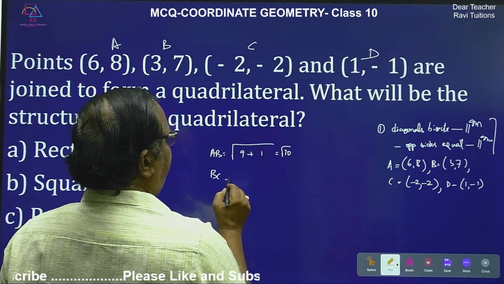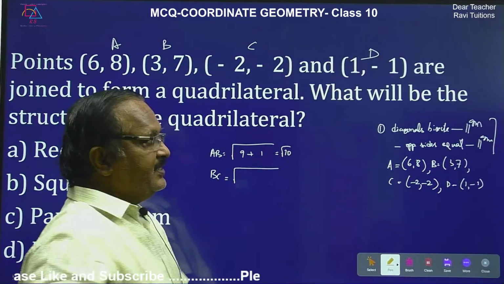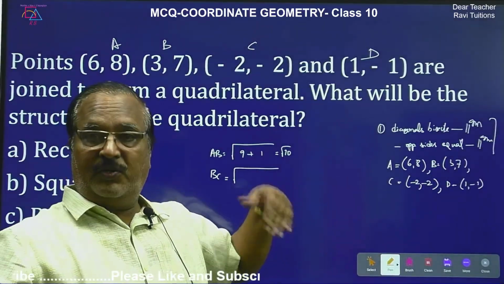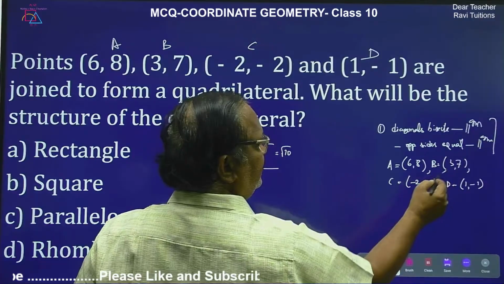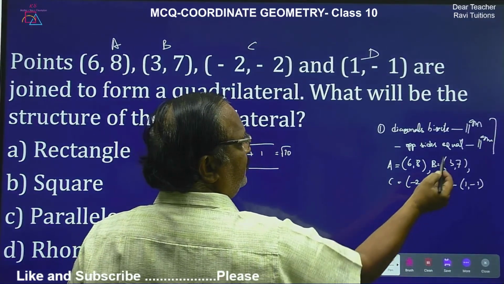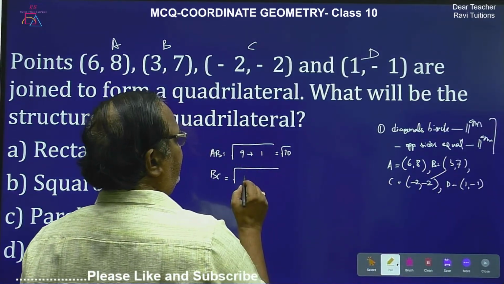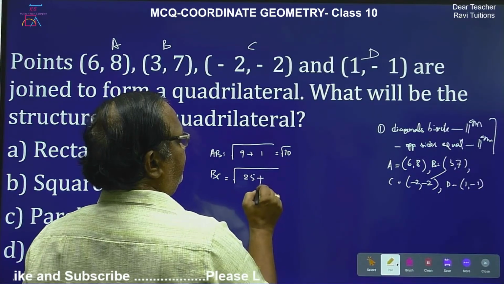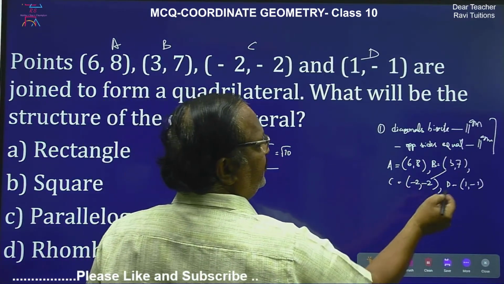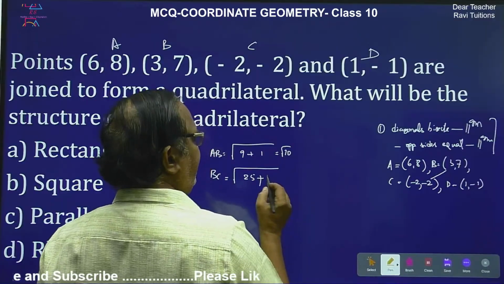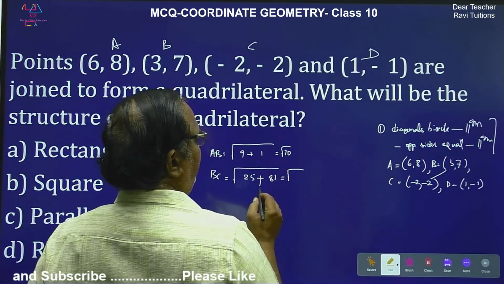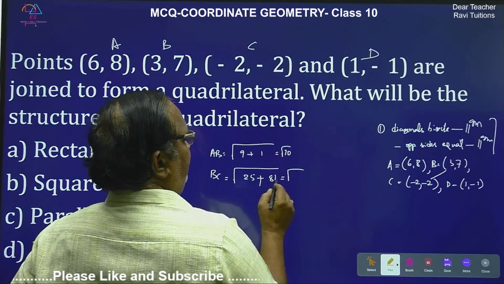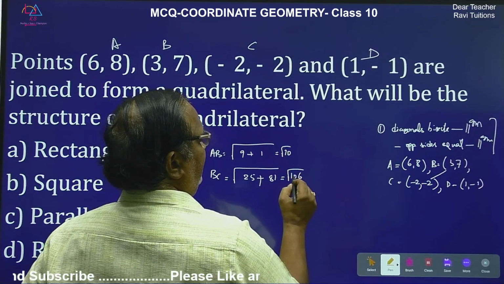So BC. If you do this distance formula thoroughly, you can write like this. So BC, that means these two you have to take. Minus 2 minus 3, minus 5, whole square is 25. Minus 2 minus 7, minus 9, whole square is 81, which is equal to how much? 25 plus 81, 106.